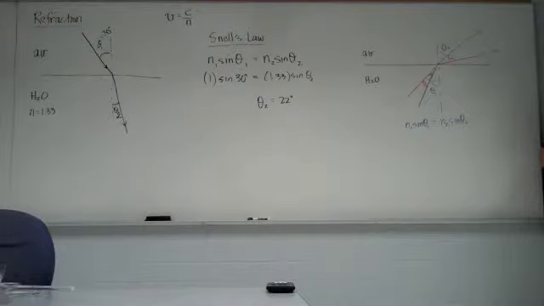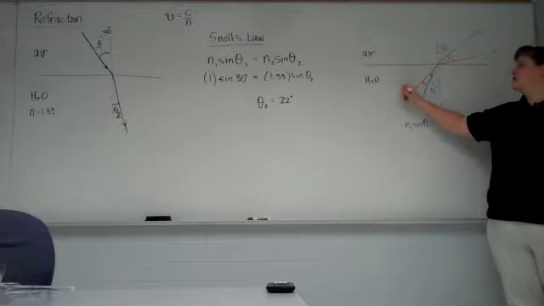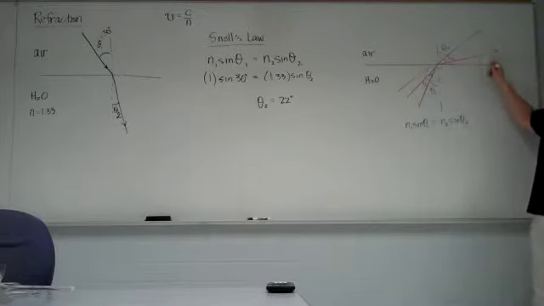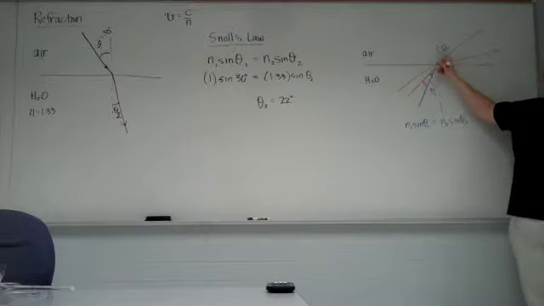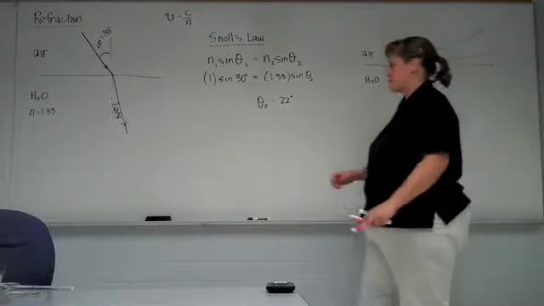At some point, theta 1 will be big enough to make theta 2 go to 90 degrees. That's called the critical angle. At that point, we get what's called total internal reflection.